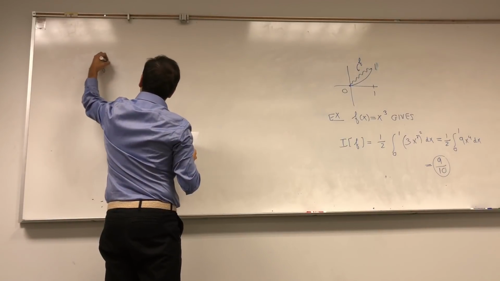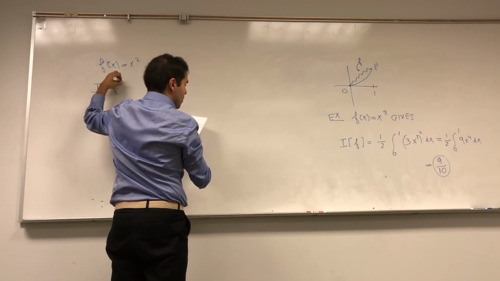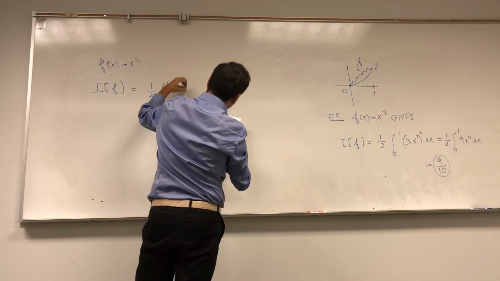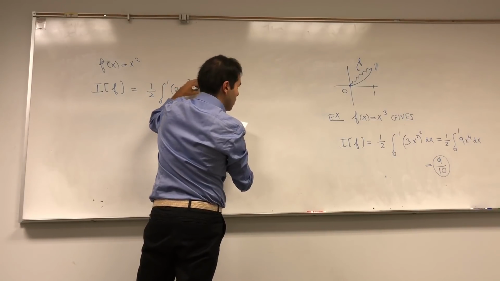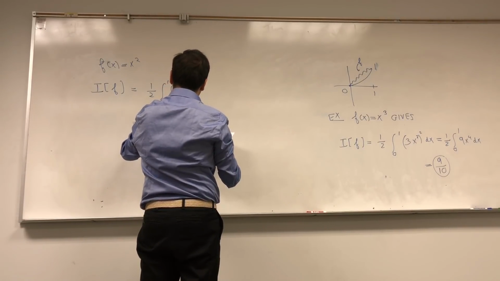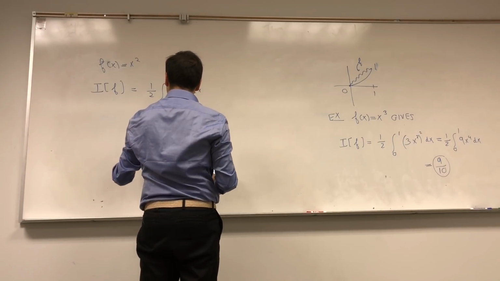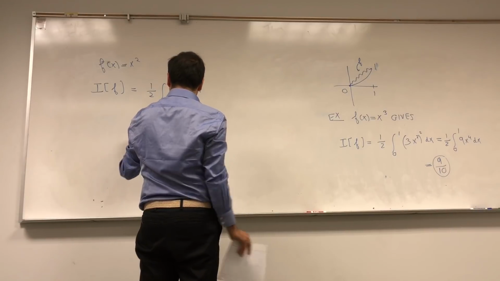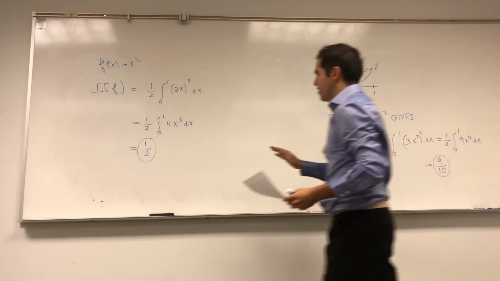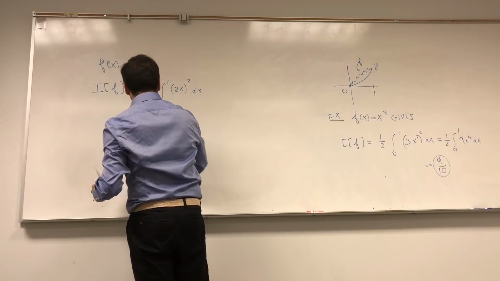f of x equals x squared, then I of f equals 1/2 integral from 0 to 1 of 2x squared dx, and that's 1/2 integral from 0 to 1 of 4x squared dx, which now gives you 4/3.